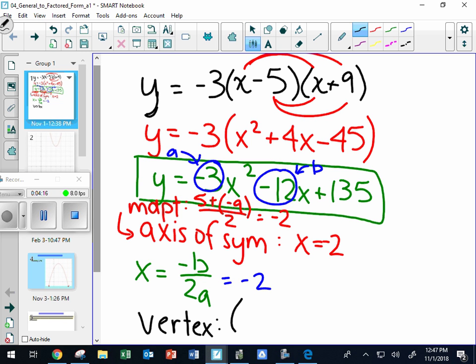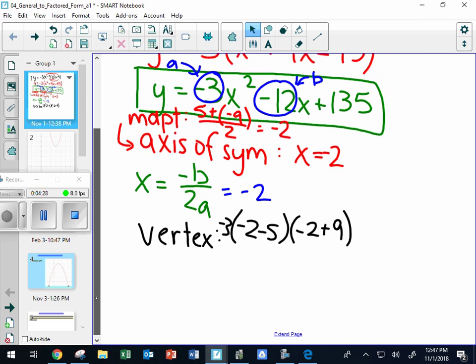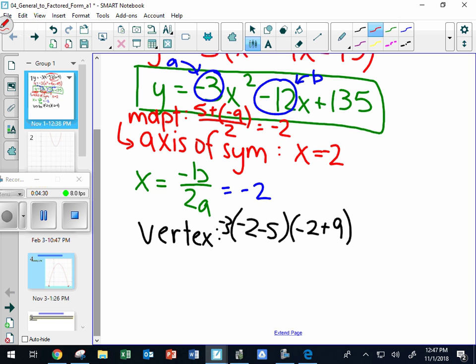So if we said negative 3 times negative 2 minus 5 times negative 2 plus 9, if we factor this out, we will get, this is a negative 7, this is a 7, so this is equal to negative 3 times negative 49.